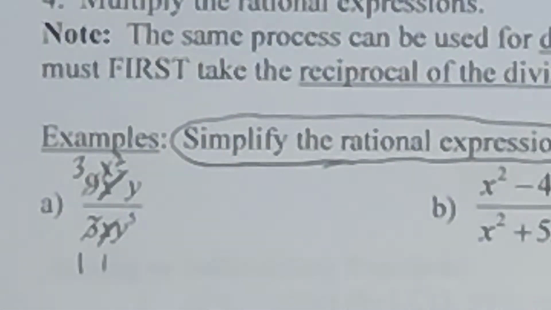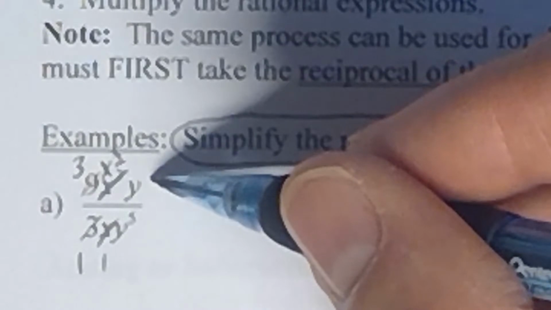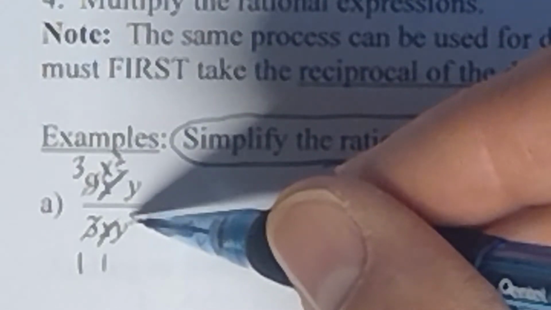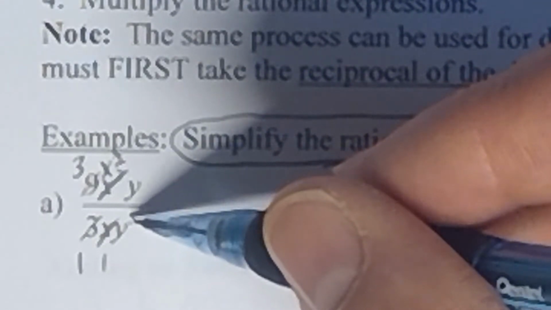So I'm going to put x to the second up here, and I'm going to put 1 wherever the smaller exponent was. It's the same thing here, we got 5 and 1, but this time the larger one's on the bottom. We still say larger minus smaller, so 5 minus 1 is y to the 4th.